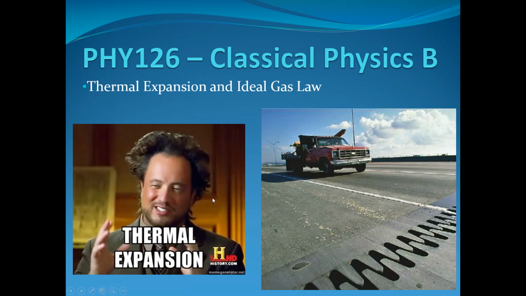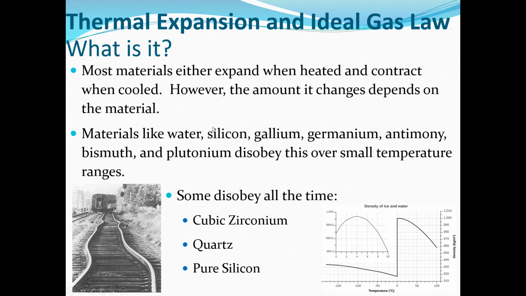All right, so again, that was a lot of the basic stuff. We're going to talk about thermal expansion in this first video, and then in the next video we'll talk about the ideal gas law. Both of these are fairly big topics. So as you know, when items are either heated or cooled, they'll expand and contract accordingly.